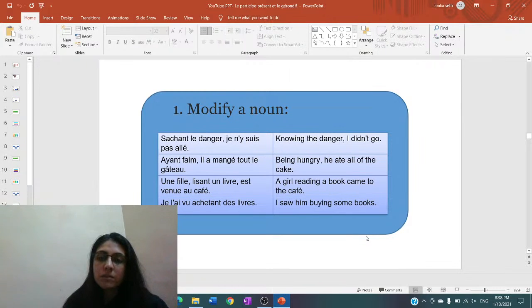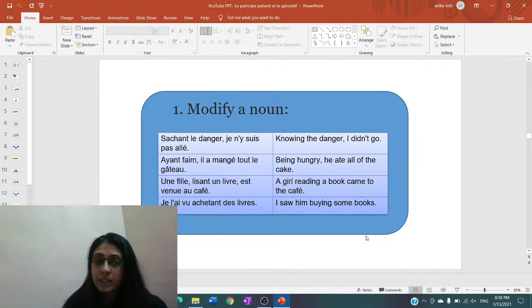Then, une fille lisant un livre est venue au café. Now here it is not giving us the answer to pourquoi, but still it is modifying the noun. A girl reading a book came to the cafe. So une fille qui lit un livre: we also said that the present participle can replace the relative pronoun qui.